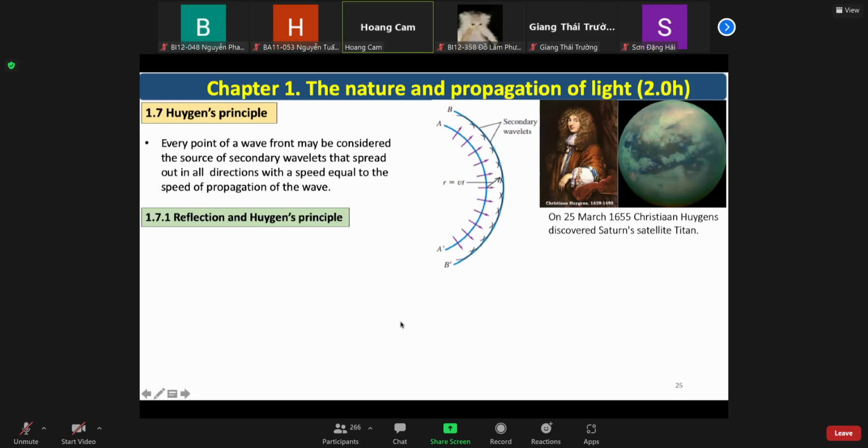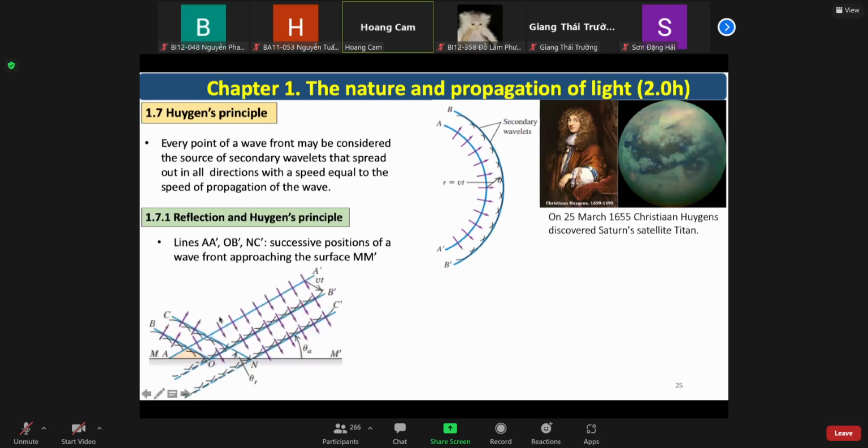Here we see the incident rays as violet arrows. The wavefront is AA prime, and each point on it acts as a source spreading secondary wavelets in all directions. The connecting envelope gives the wavefront OB prime.